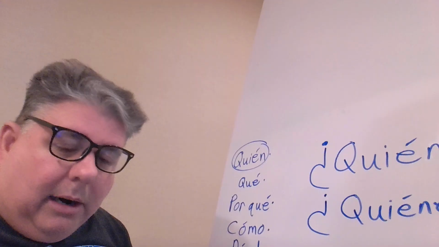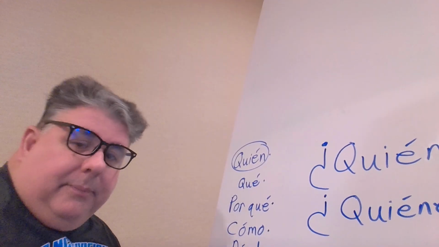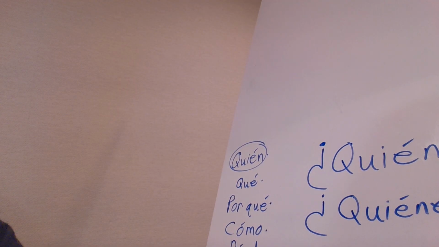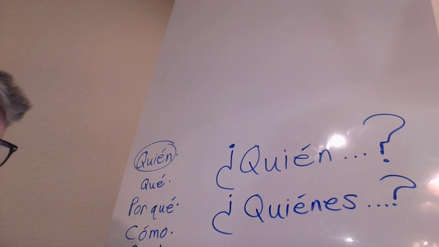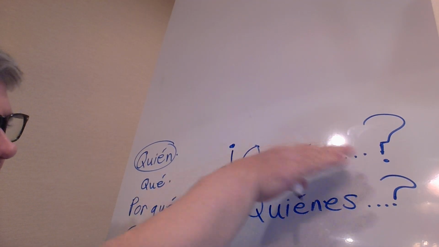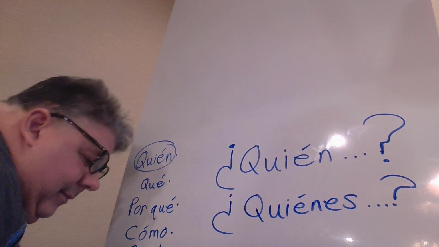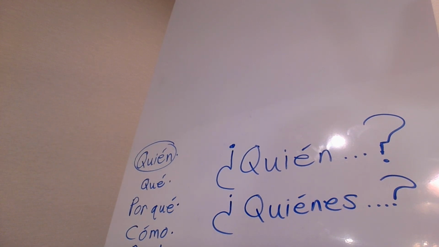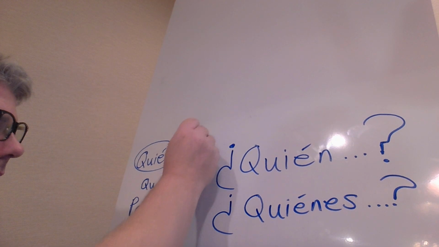So who are the players for the World Cup soccer team that you are rooting for? So quiénes son. That would be the plural over here. Quiénes son. I didn't write the son, but quiénes son. Whereas if it's singular, it's quién. Okay? Now, these are interrogatives.